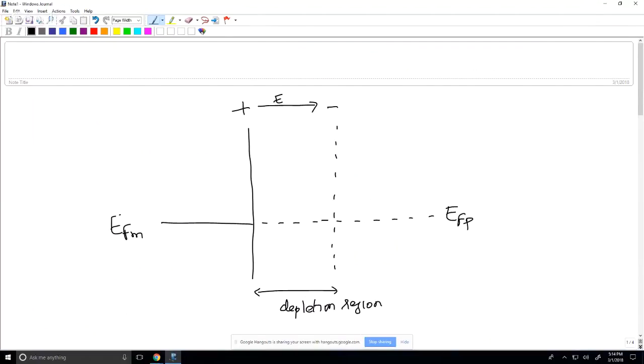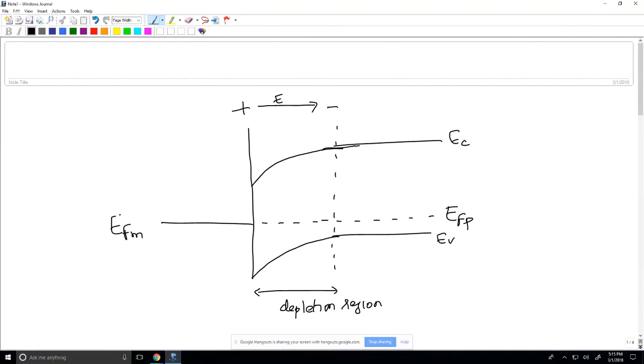The rule when we draw energy bands is that in the direction of the electric field, the bands should always bend up. Away from the depletion region, I still have my p-type semiconductor, so EC, EV, but I have a band that is bending up in the direction of the electric field. So these two will essentially join.